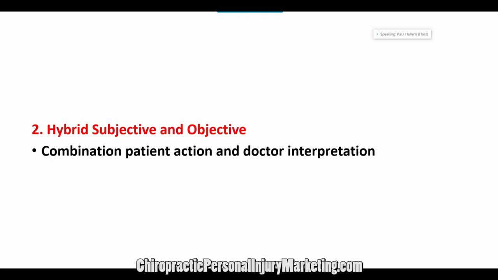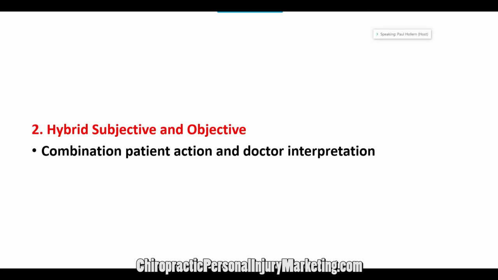Probably the only reflexes that are not hybrid are the upper motor neuron reflexes, or central nervous system reflexes.